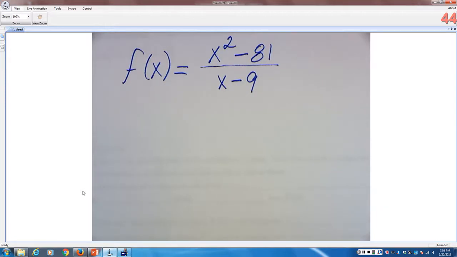Do that one for me: x squared minus 81 over x minus 9, and use your quotient rule.